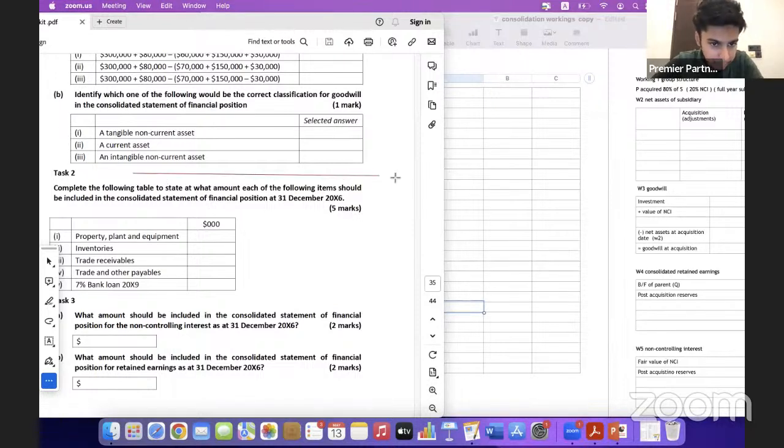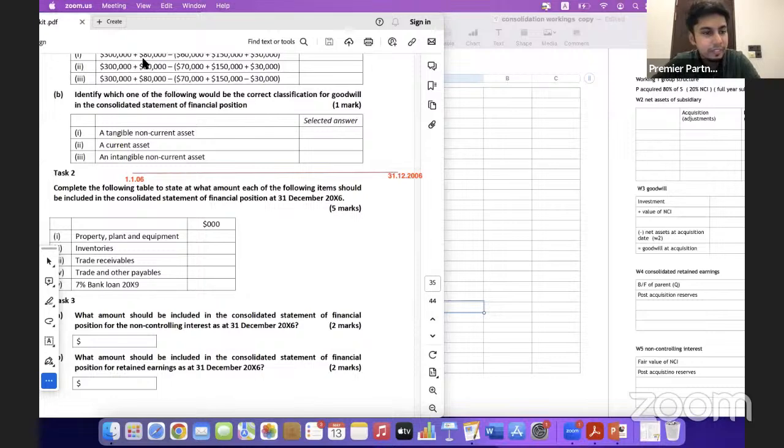Now let's draw the timeline. When you draw the timeline, our question is asking for 31st of December 2006. 31st December 2006 is where the question is being asked. So if the question finishes on 31st of December 2006, then the period should start on 1st of January 2006.